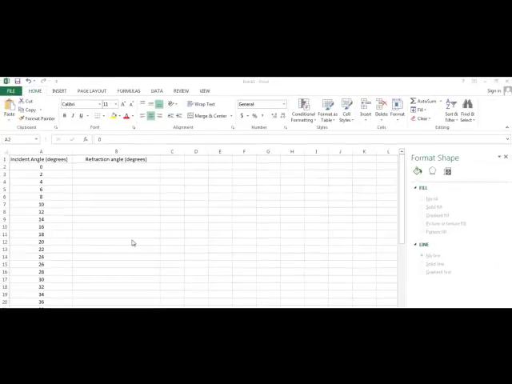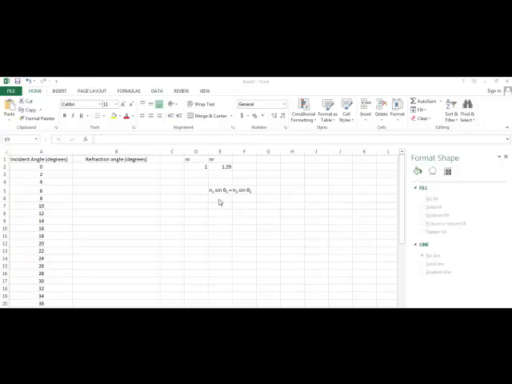Here is a generic situation I have set up with incident angle and refraction angle. We're going to have a couple of indices here, incident and refracted. For the first one, it's air, and I'm just going to make up a value here, 1.59. I don't know if that relates to anything physically, but I don't want to use the values we're using. How you're going to do this is we have to remember what Snell's law is.